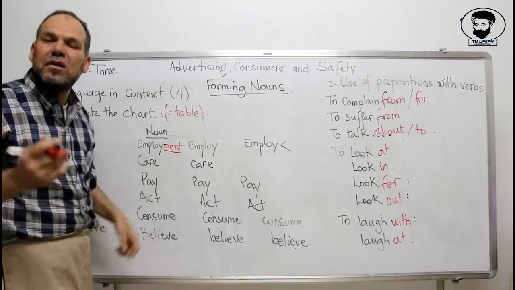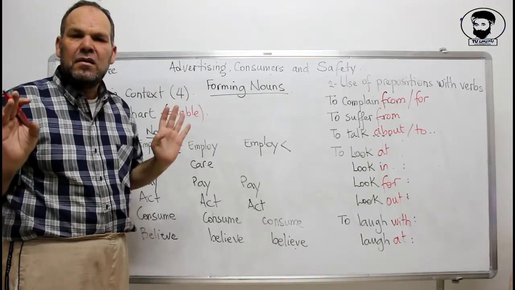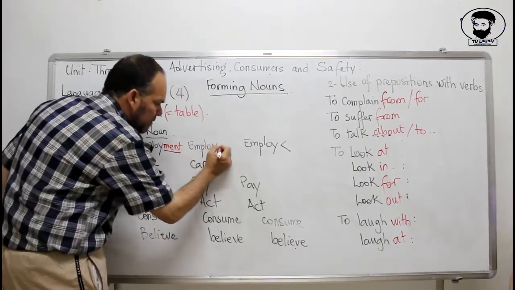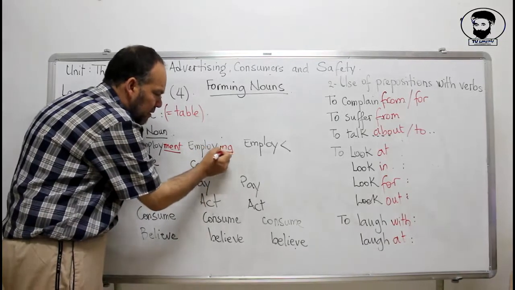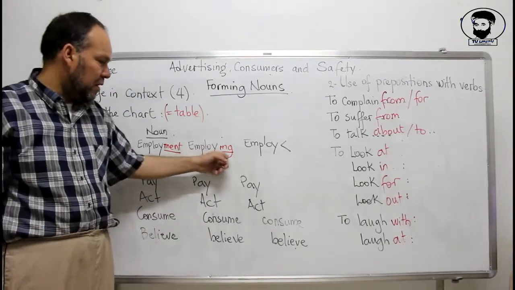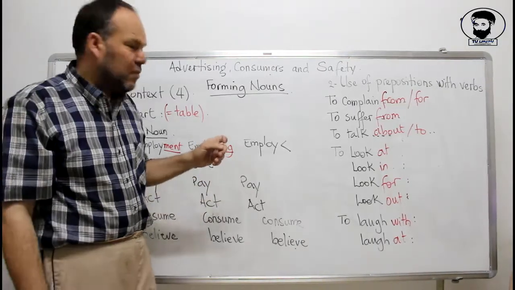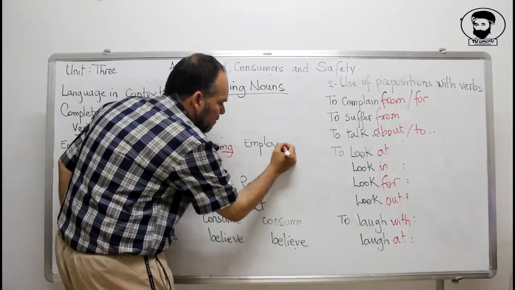Now suppose you don't know that employment is the noun of employ. So let's have another way: employee. This is also a noun. There's another way to make a noun: you can say an employer.